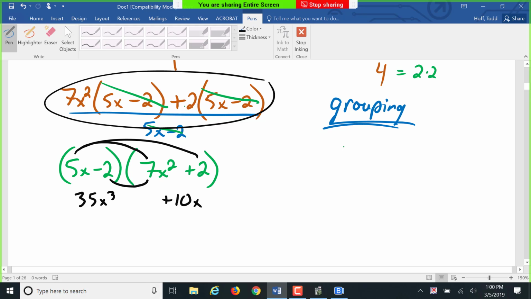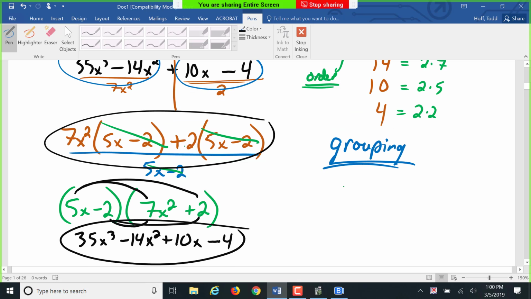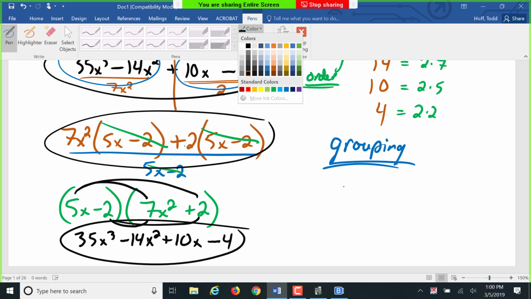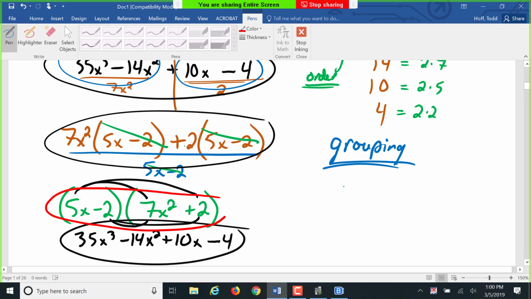Negative 2 times 7x squared, negative 14x squared. And negative 2 times 2? Negative 4. If I compare that to what I started with, it is what I started with. So this here, 5x minus 2 times 7x squared plus 2, is a valid factoring for that polynomial.